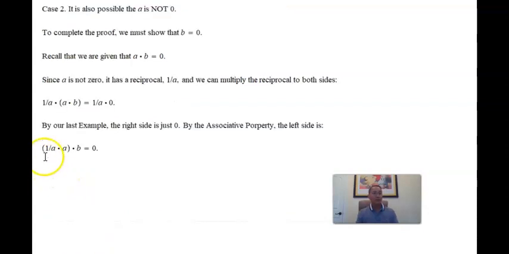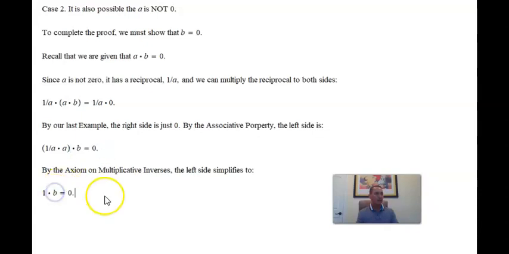And now we're almost finished. The left side has 1 over a times a, and we know from the last axiom that 1 over a times a is just 1. By the axiom on multiplicative inverses, the left side simplifies to, we just get 1 times b, and on the other side we get 0. But wait a minute, one of the axioms also says that 1 times b is just b.